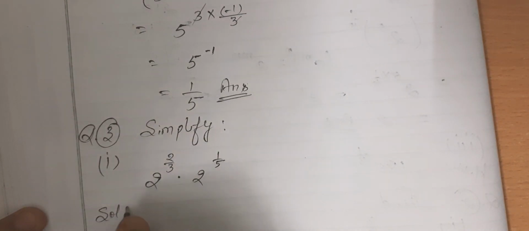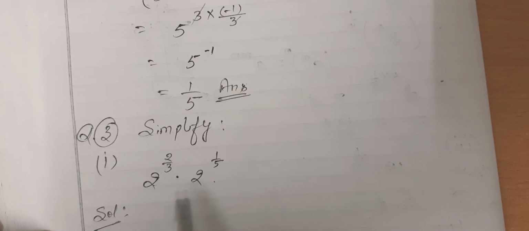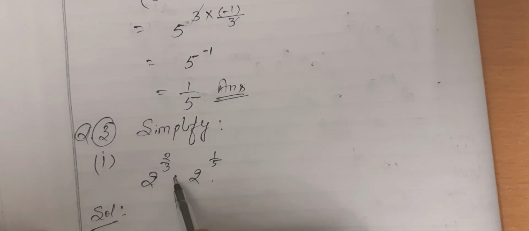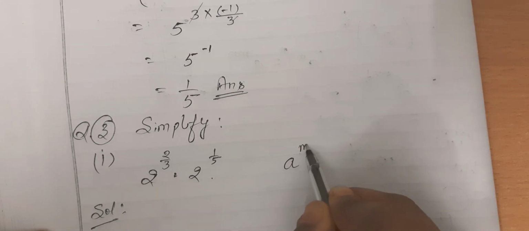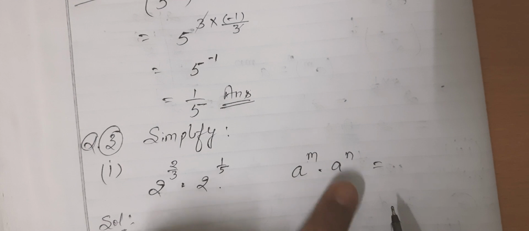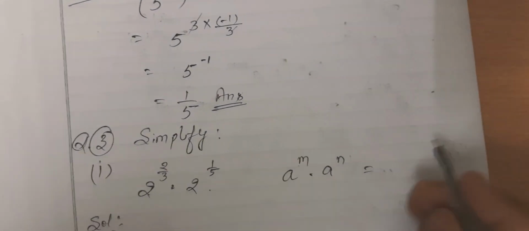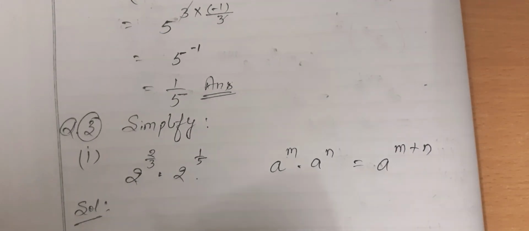Here when you observe, you will find that 2 is the common base, with a multiplication sign. So by using the law of exponents, a raised to the power m multiplied by a raised to the power n: same base a and multiplication sign, so we can add the powers.